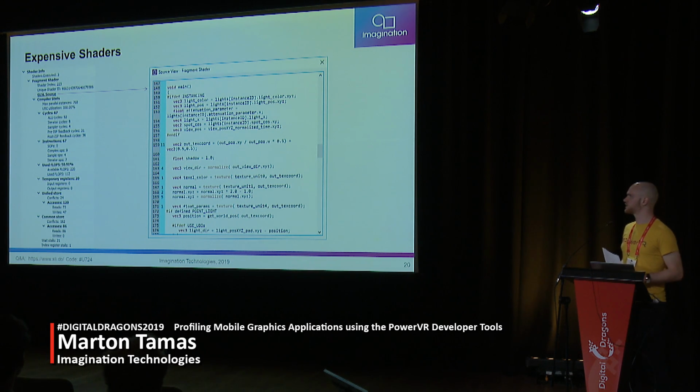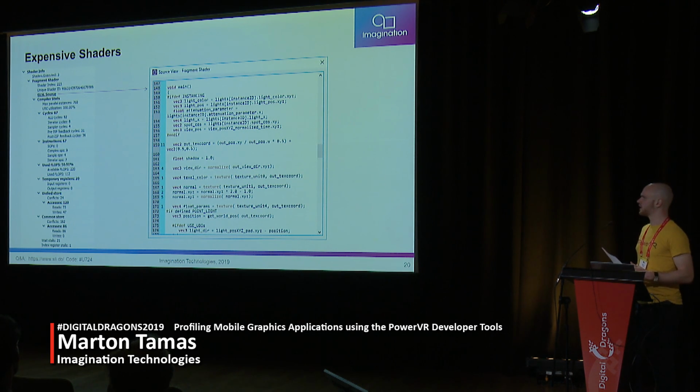So there might be cases where your shaders are just simply expensive. So how can you really profile that, especially on a deferred architecture? As you could see, we tie our GPU workload to frame buffers, processing of frame buffers, and not individual draw calls.